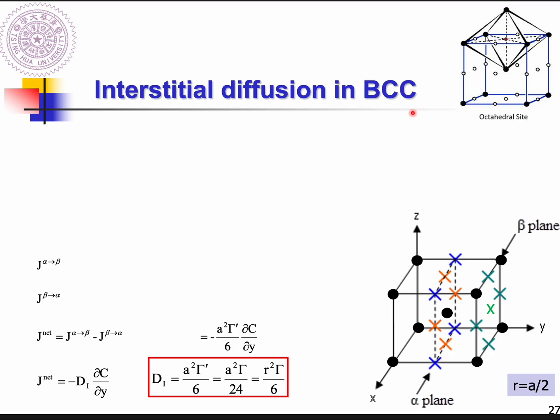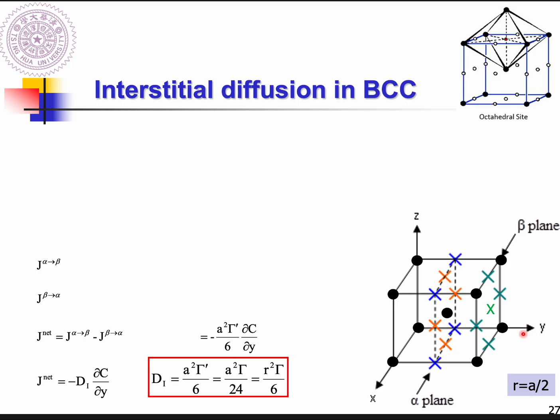So before we move into the detailed derivation, the idea is that Fick's first law gives the net flux of diffusing atoms passing through this BCC, equal to the diffusivity of these interstitials times the concentration gradient.